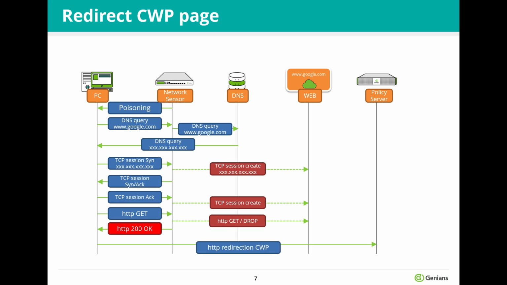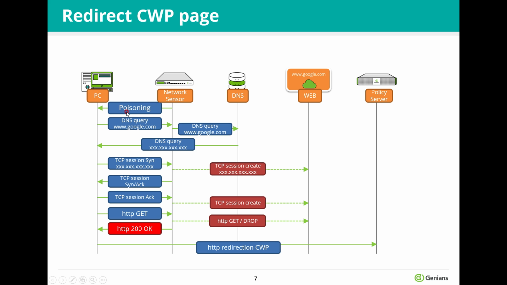This is a picture that shows how your PC is redirected to the CWP guide page when it is blocked. When a PC is connected, the network sensor modifies all of the PC's ARP table entries through ARP poisoning to the network sensor's MAC address.